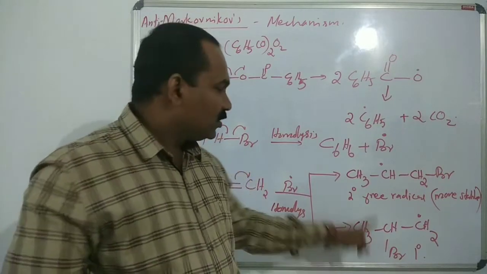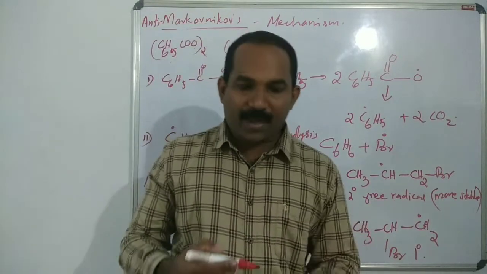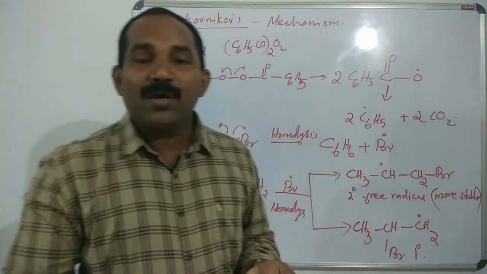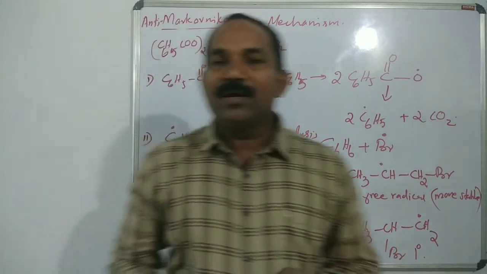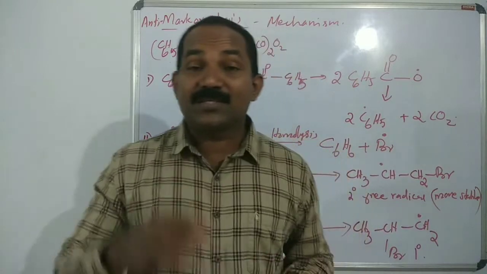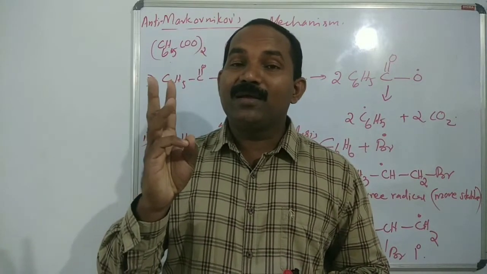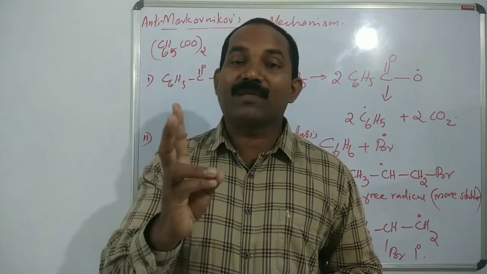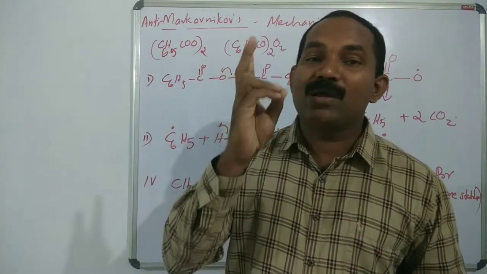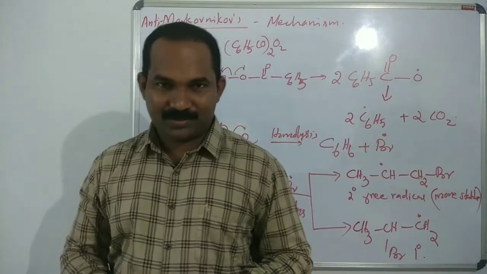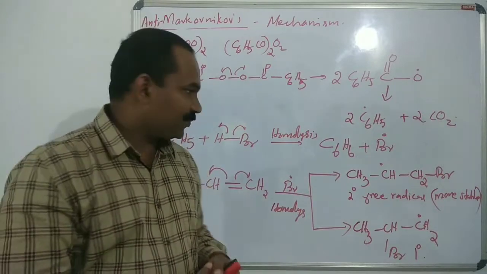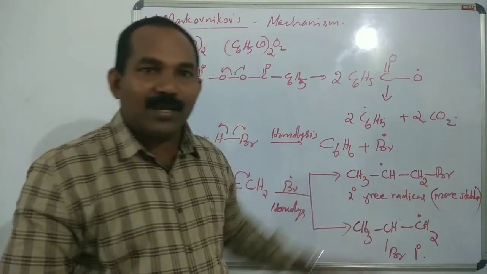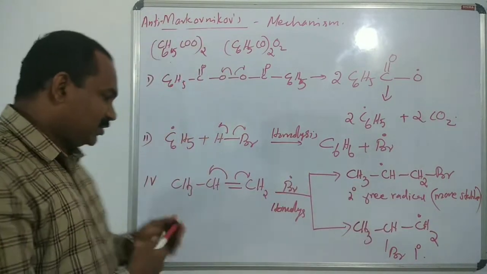Are you clear? So this is more stable. Why? Due to hyperconjugation and inductive effect, tertiary free radical is more stable than secondary free radical, which is more stable than primary free radicals. And finally, to this free radical, HBr is again added.